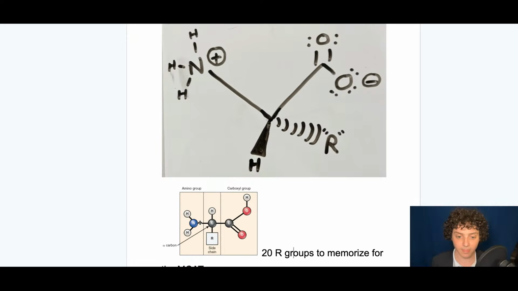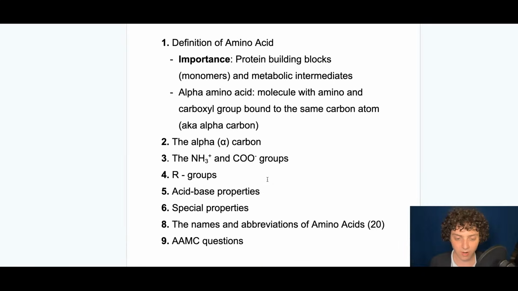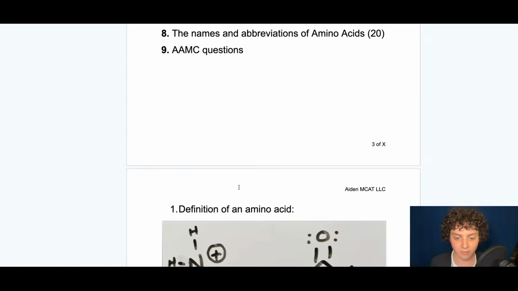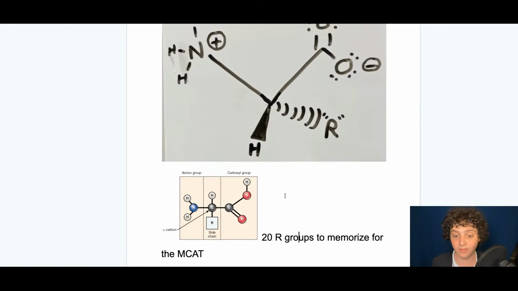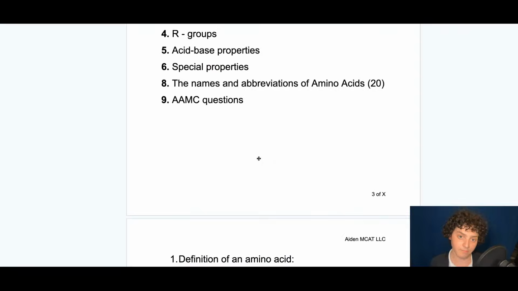And this drawing, where the N has 2 hydrogens and no plus, and the O's don't have any negative, and there's an extra hydrogen connected to that O. Why don't I get to that in section number 3? But for now, keep in mind that both of these are alpha amino acids, and both of these fit the definition of an amino acid because they have a carboxyl and an amino bound to the same carbon.